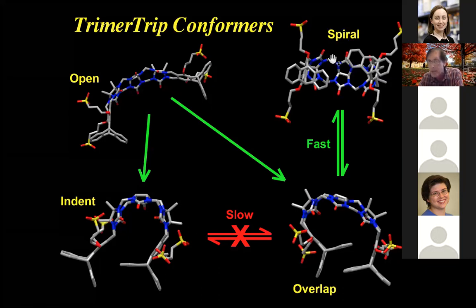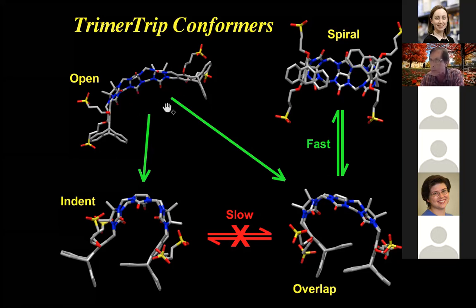And the overlap conformation is in rapid equilibrium with a spiral situation where those two phenyl rings are moving up and down past each other. However, the indent and the overlap conformation, on the multiple nanosecond timescale we can access in simulations, don't interconvert. So what we did is we computed the binding of all 16 ligands to both the indent form and the overlap form.